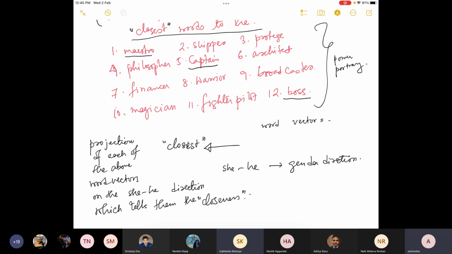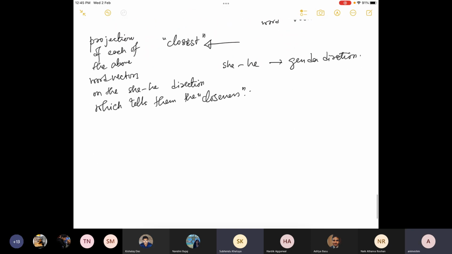Okay, fine. So now this is what they observed. Using their metric of projection, they found out that these are the words that are closest to the she class, and these are the words that are closest to the he class.